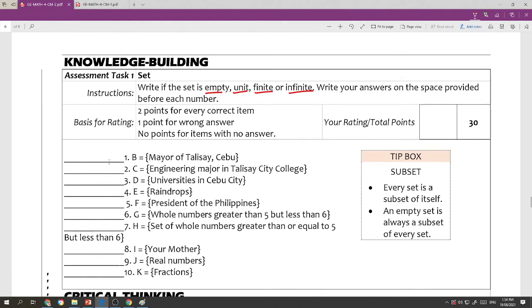Okay? So kining number 1 until 10 ang answer empty, unit, finite, infinite. Empty, walay tubag, meaning empty, walay element. Unit, usa ra jud siya kabuok. Ang finite, daghan, maihap. Ang infinite, dili siya maihap. Kasabot sa knowledge building?